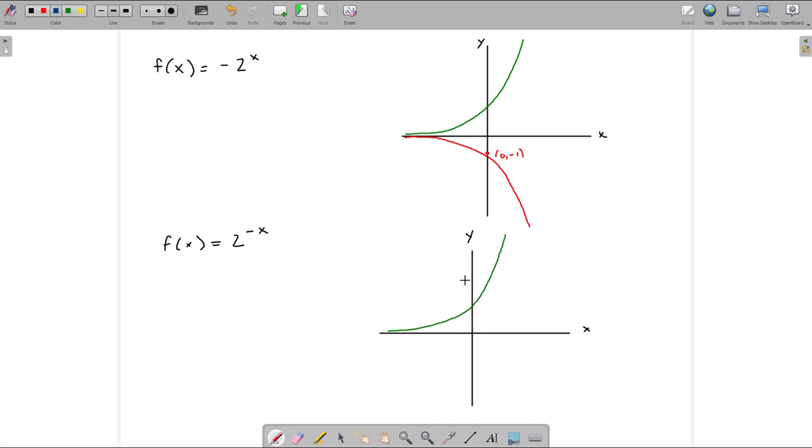And if I'm reflecting it over the y-axis, notice this time that our intercept is on the y-axis, so that one isn't going to change at all. I still have that intercept. But these points are going to flip to this side, and I'm going to have that sort of decaying graph, like this.